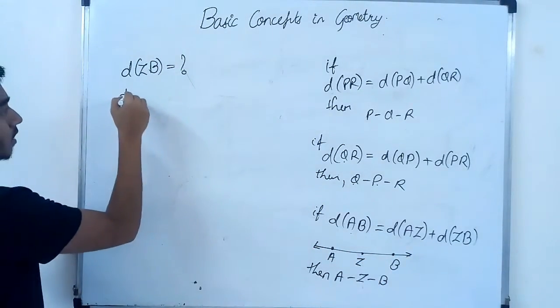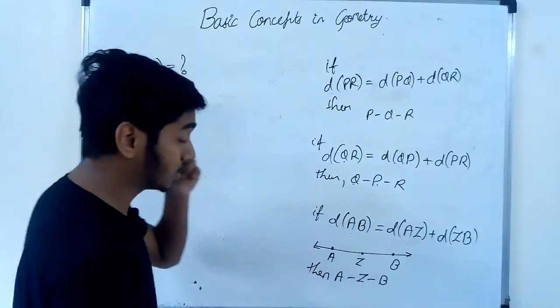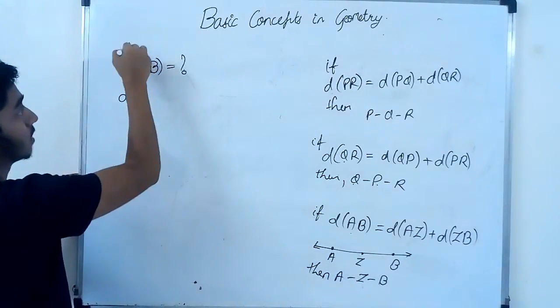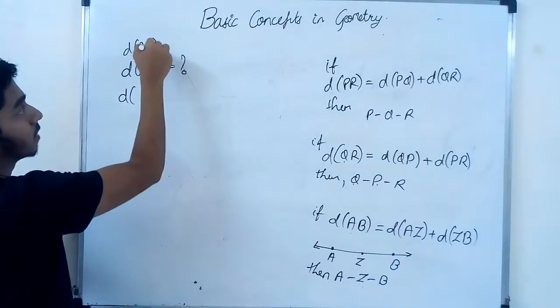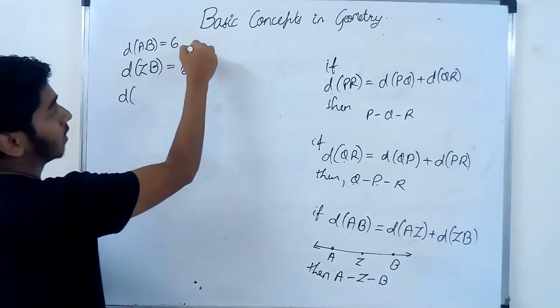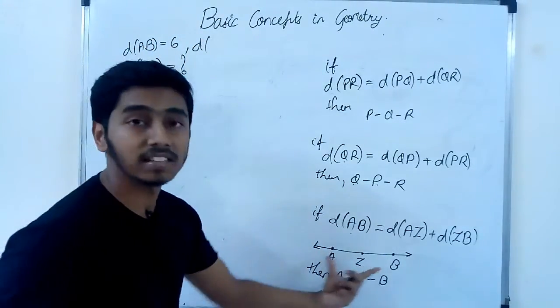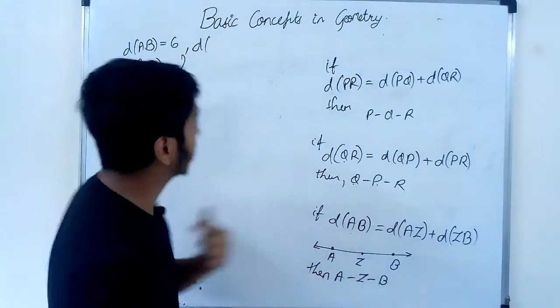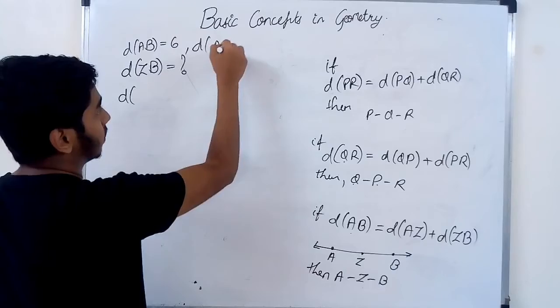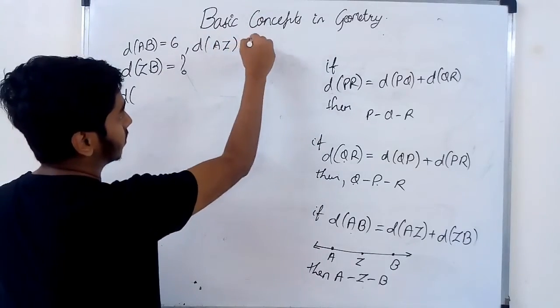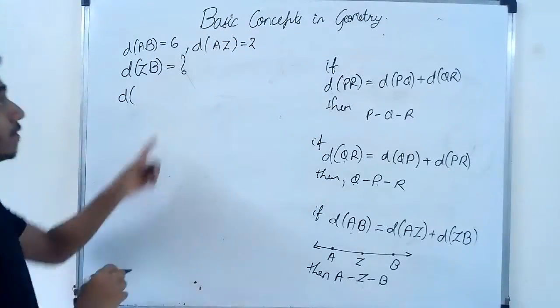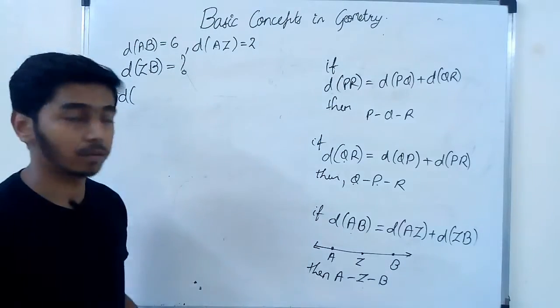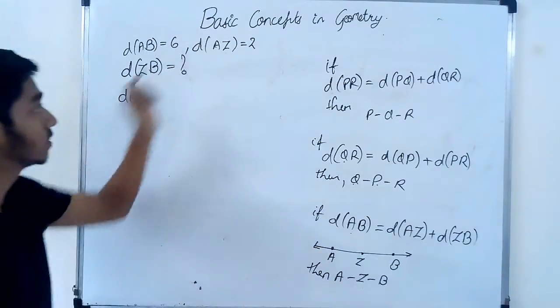Let's take some example. Let's take distance AB is 6 and distance AZ is 2, and we have to find distance ZB. Okay, so this is given to us.